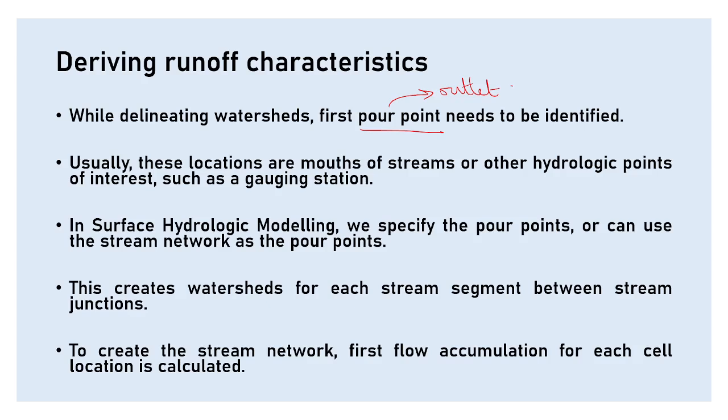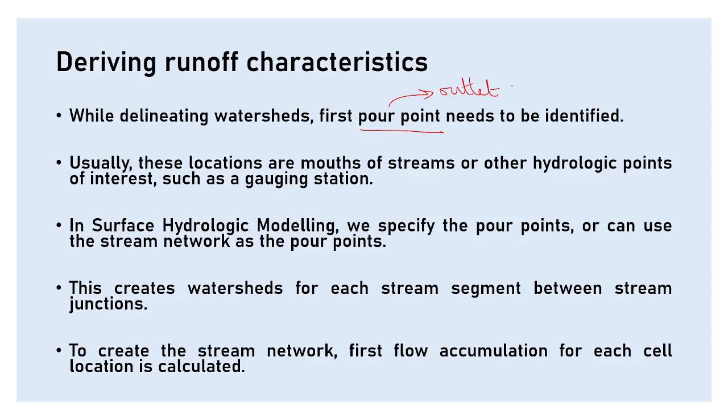Usually these locations are mouths of streams or other hydrologic points of interest such as a gauging station. Most of the time it's the region where that stream is flowing out. In case of a river, we say river mouth or stream mouth.